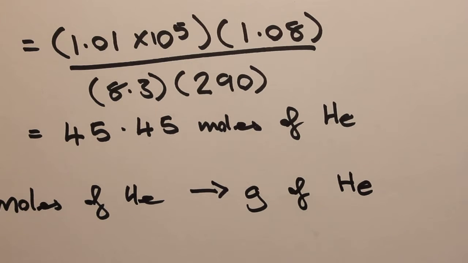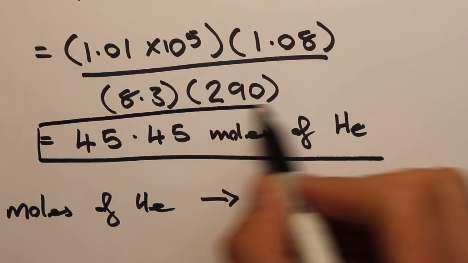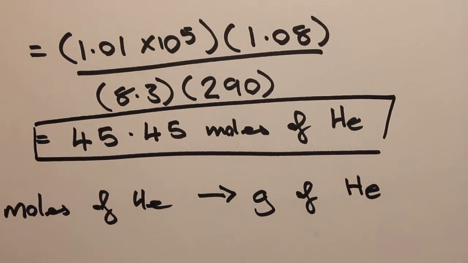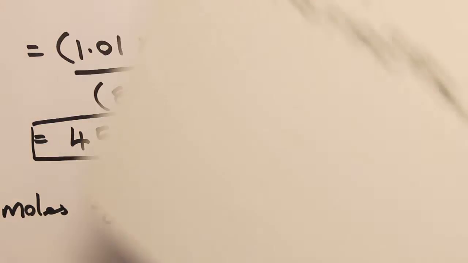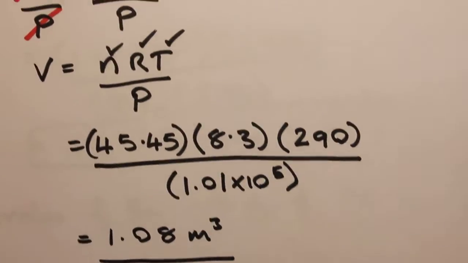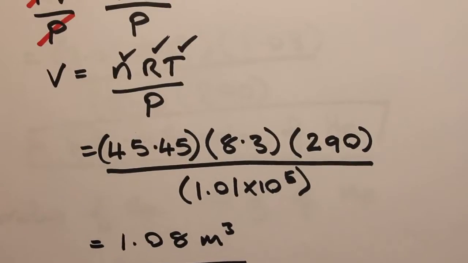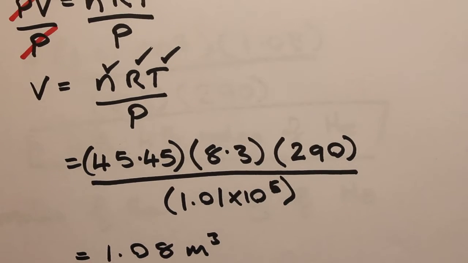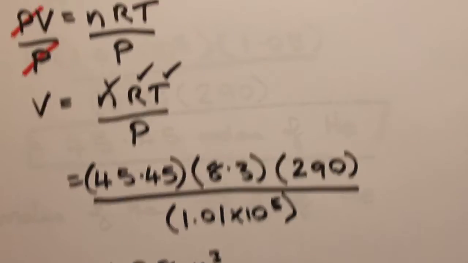Now you may have noticed that for this part here we have got 45.45 moles of helium, and for our number of moles here we worked it out on the previous question for the number of moles of carbon dioxide, 45.45 moles.